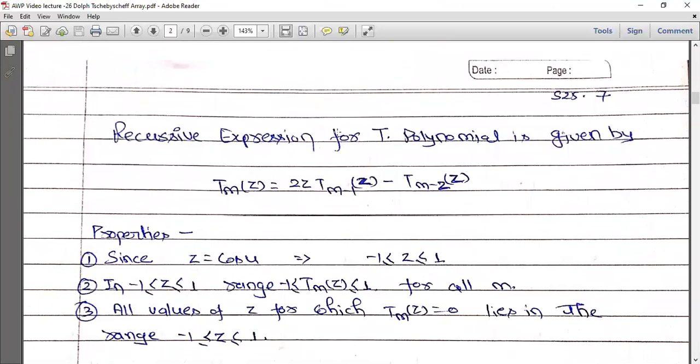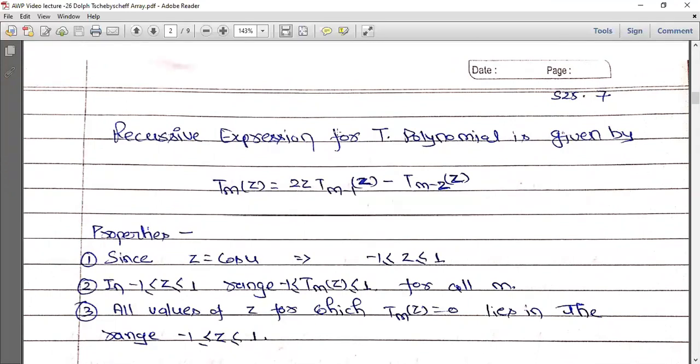The recursion formula is defined as Tm(z) equals 2z times Tm minus 1(z) minus Tm minus 2(z). That means the Chebyshev polynomial of degree m can be found using Chebyshev polynomials of degree m minus 1 and m minus 2.